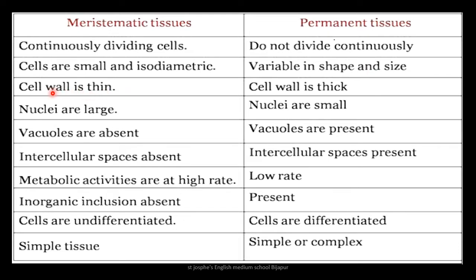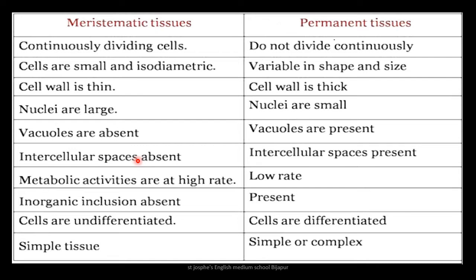Now let us talk about the cell wall. The cell wall in meristematic tissue is thin, while it is thick in permanent tissues. The nuclei are large in meristematic tissues, but small in permanent tissues. Vacuoles are absent in meristematic tissues but present in permanent tissues.